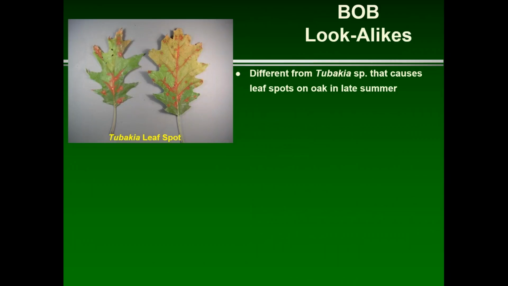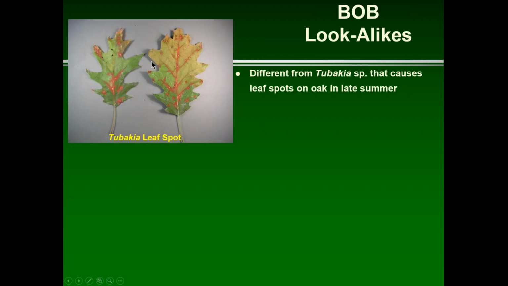So, what are some lookalikes that we might run into? BOB is a form of Tubakia, but it's different than the form of Tubakia that causes the leaf spot on oak in late summer. This red oak leaf has the foliar symptoms of Tubakia.